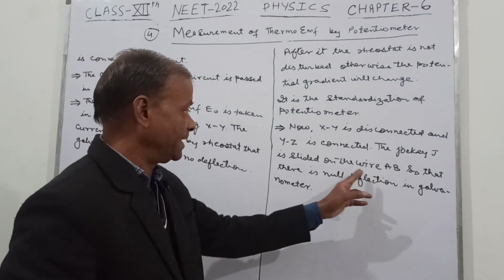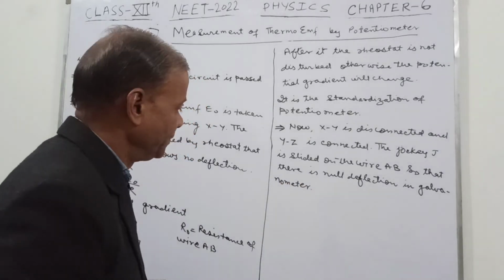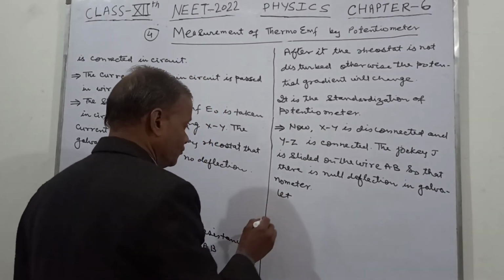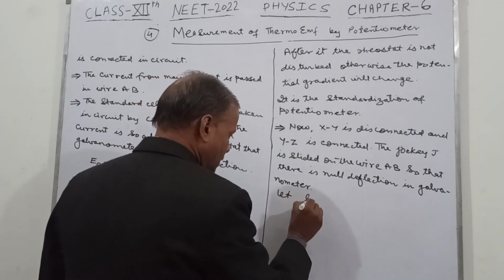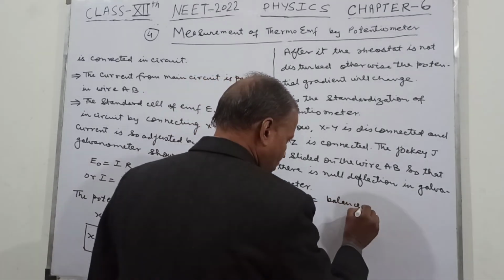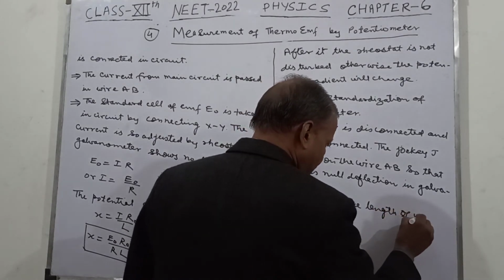The jockey J is slided on the wire AB so that there is null deflection in the galvanometer. Let L equal the balance length of wire.